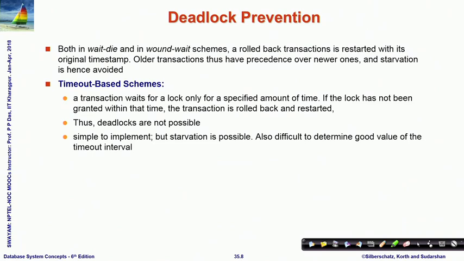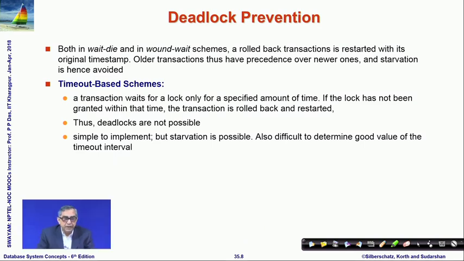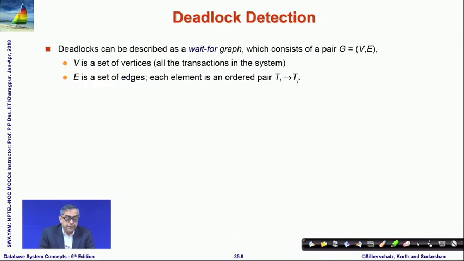If you wait too short, then you will spend a lot of time in rollback and restart. If you wait too long, then your throughput will go down, because several transactions are waiting on locks. So, theoretically it does avoid deadlock, but in terms of starvation and practicality, there are critical things to decide.